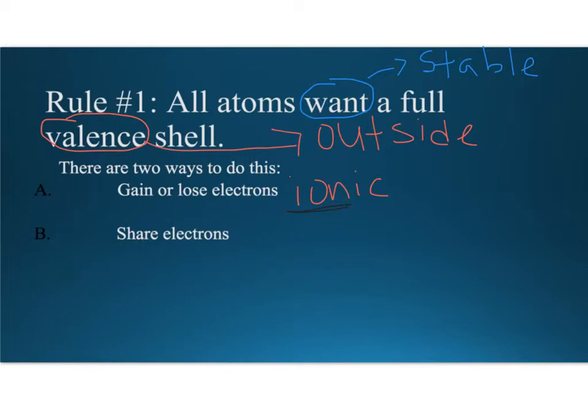Or we can share electrons and make covalent bonds. And when we look at this word, this co part means sharing or together, and valent is like valence, like we're talking about sharing valence electrons. So we've got ionic bonds if we gain or lose electrons, and we've got covalent bonds if we share electrons.